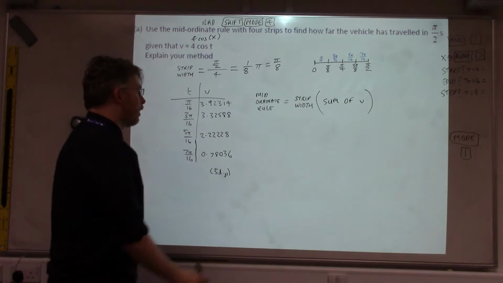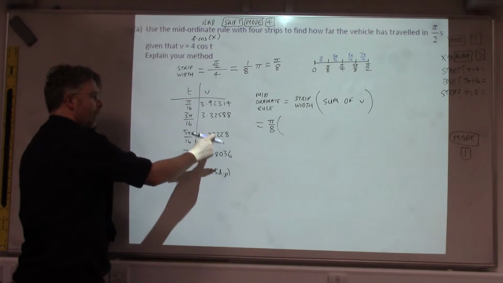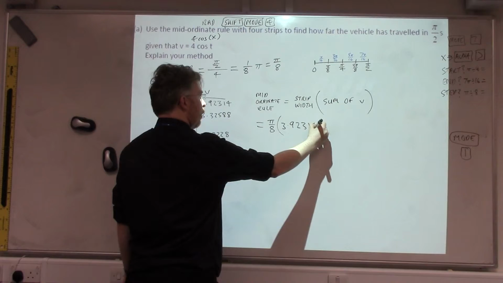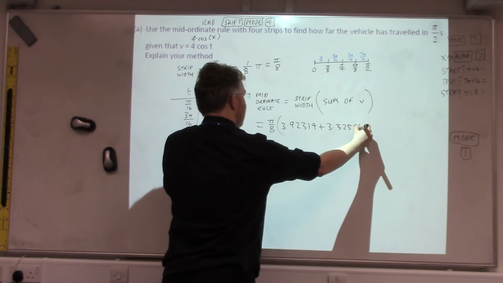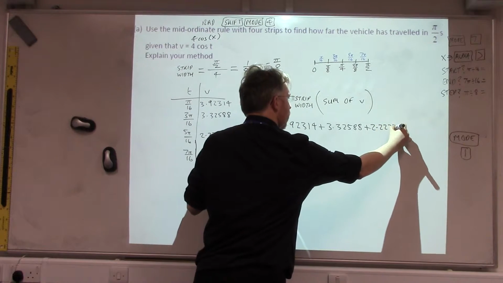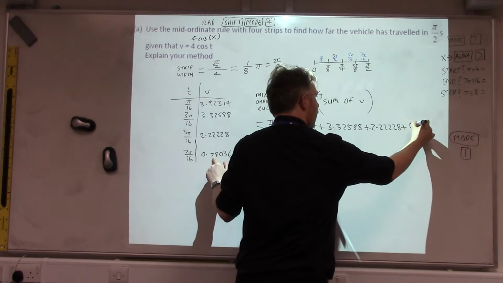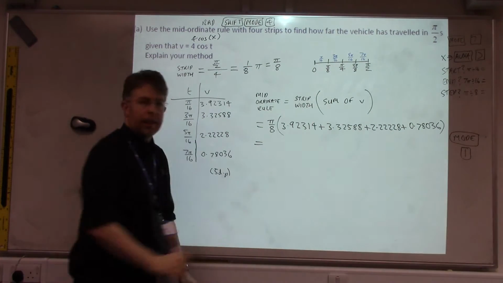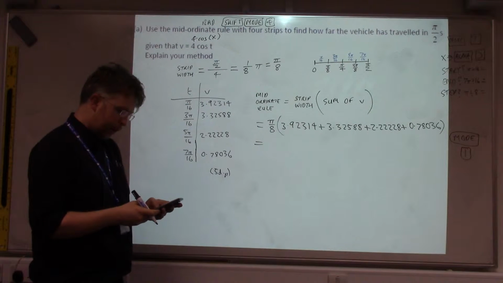So in this particular case, the strip width is pi over 8, open bracket, we add these v's up: 3.92314 plus 3.32588 plus 2.22228 plus 0.78036. Stick that all into a calculator and calculate it, and you get an estimate using the mid-ordinate rule.